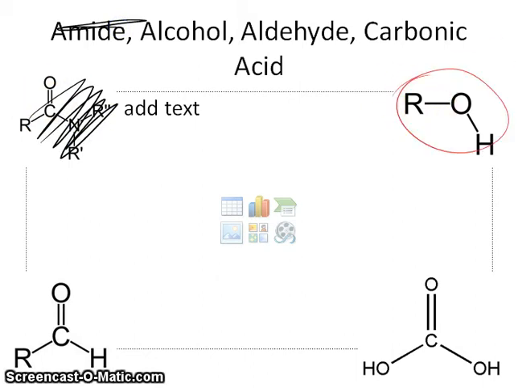Alcohol, which is right over here. And what this will be is usually, let's see if I can find the notes for that first actually. But alcohol will be an OH group, so it'll just be sticking out at some bond.